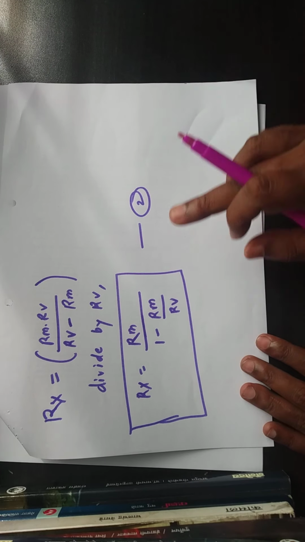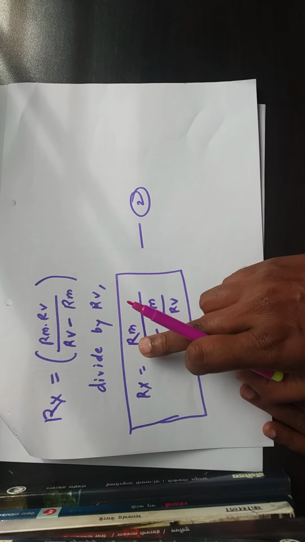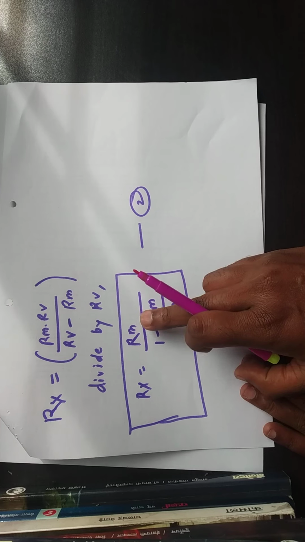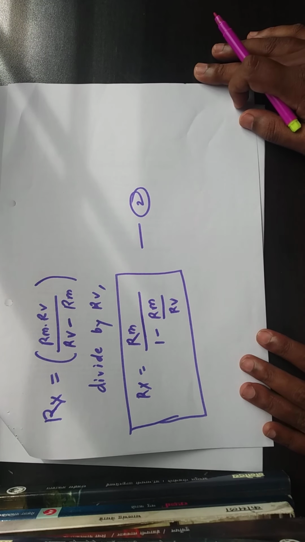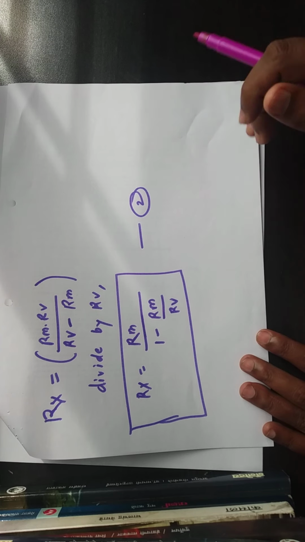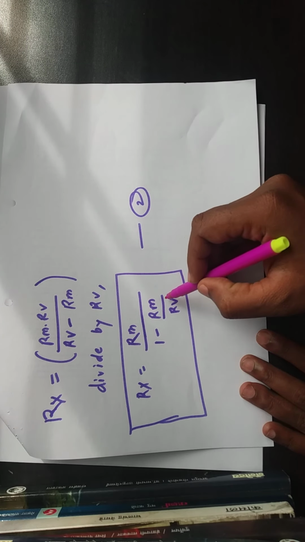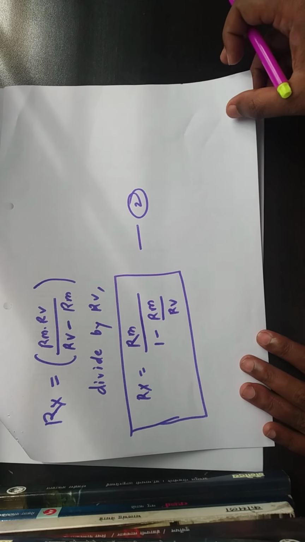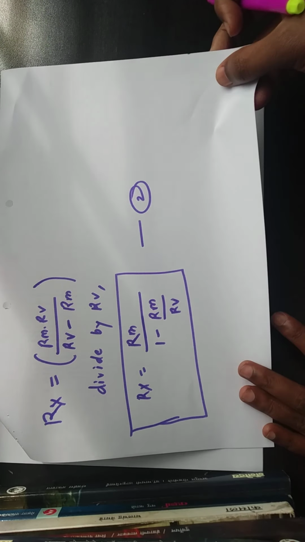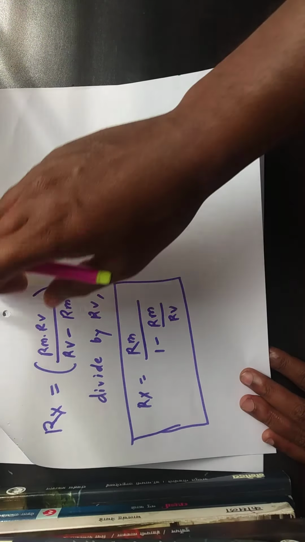In this case your unknown resistance is equal to your measured resistance if and only if this quantity Rm upon Rv is 0, or Rv, the resistance of the voltmeter, should be infinite, but in a practical case it is not possible.